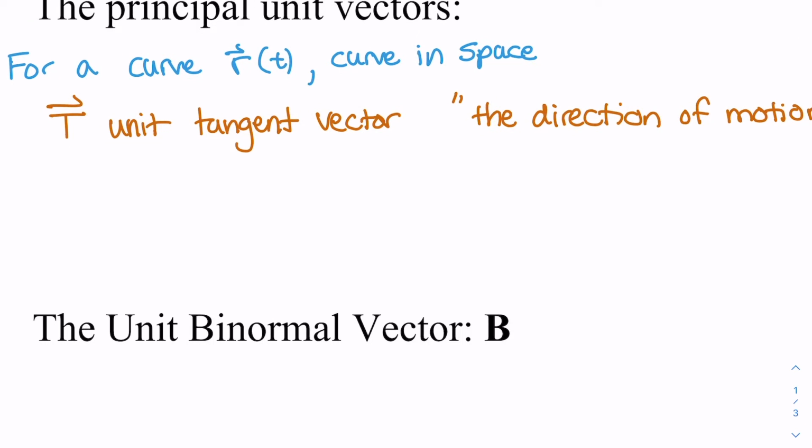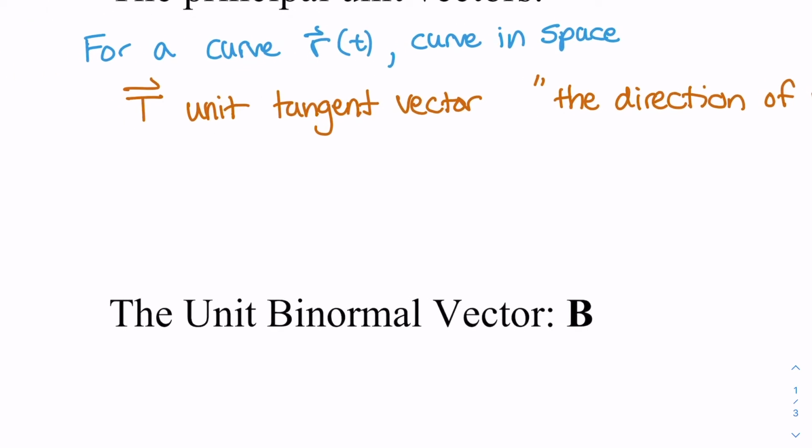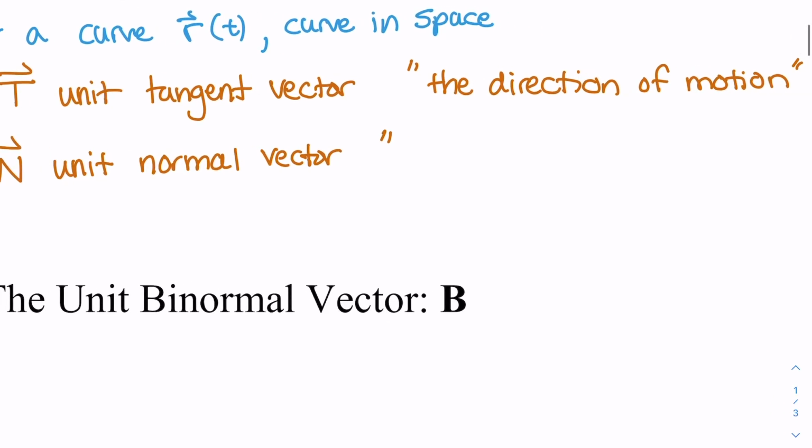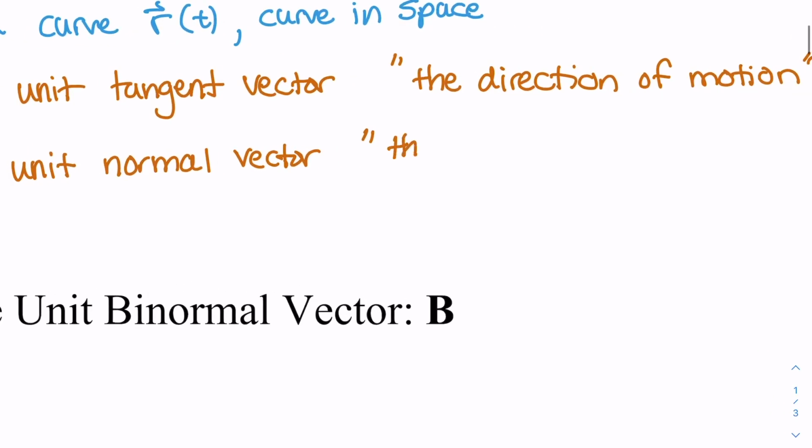And then the second one we looked at in the last video was the unit normal vector, capital N. And this one told us the way the curve was turning. So it points in the direction of turning.